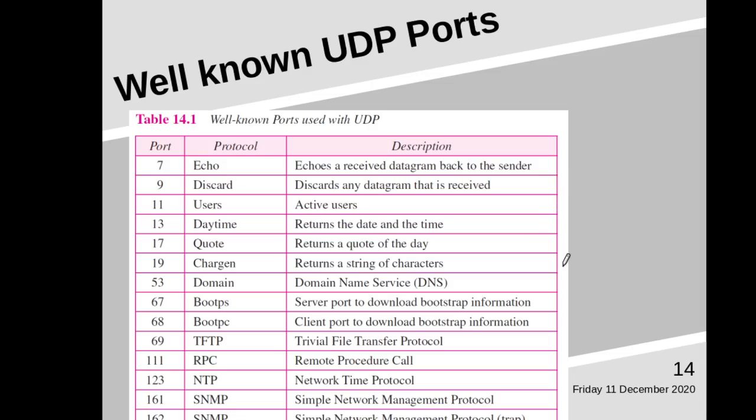In this case the receiver can overflow with the incoming messages. So the lack of flow control means that the process using UDP should provide for this service if needed. So these are certain things you have to understand.